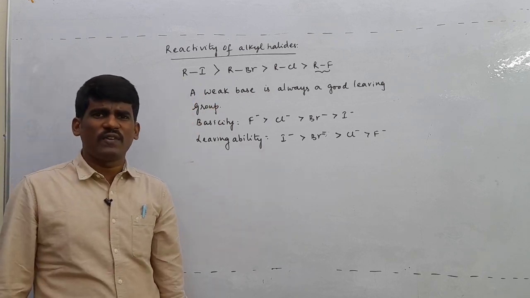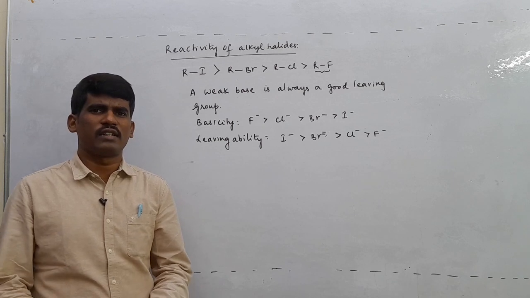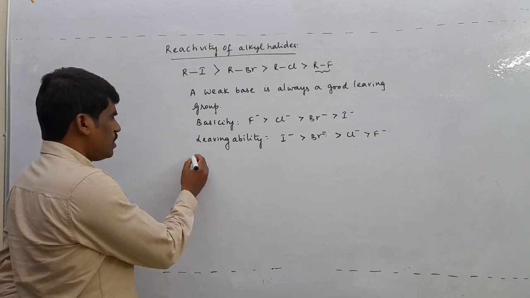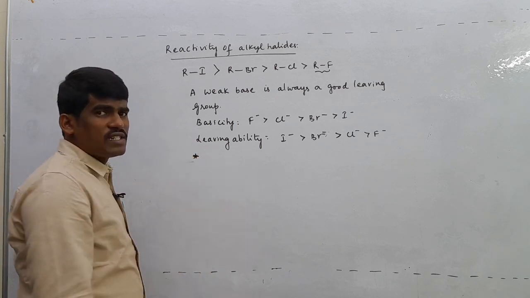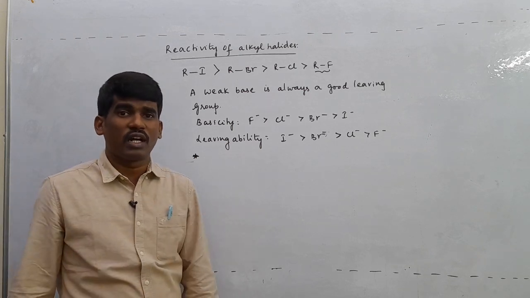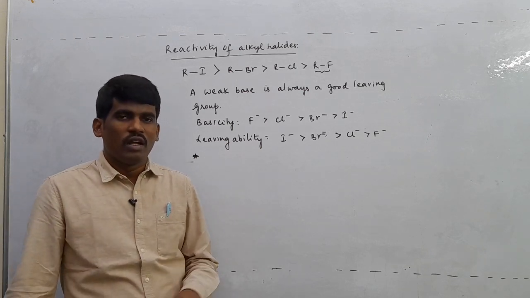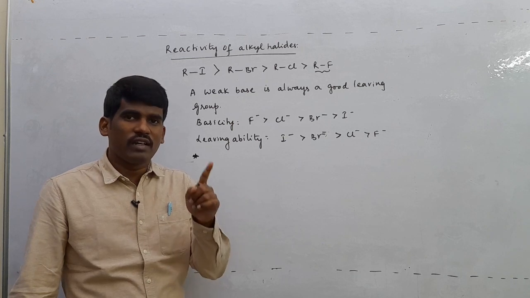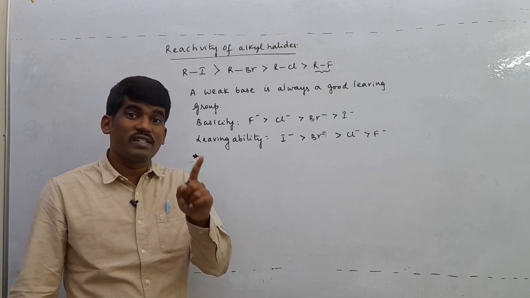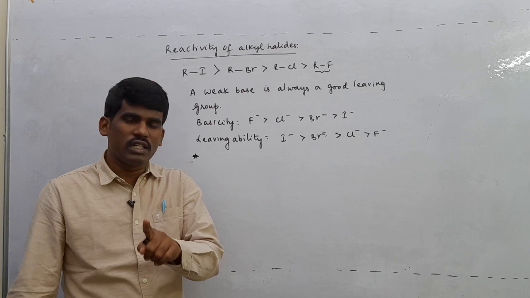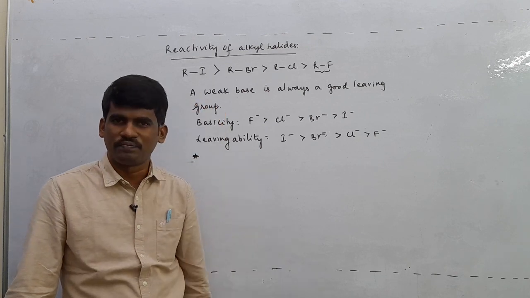But there are different types of alkyl halides. Primary is there, secondary is there, tertiary is there. So here the SN1 mechanism proceeds through the formation of a carbocation intermediate. Whichever alkyl halide is going to form a stable carbocation intermediate is going to be the most reactive one. Right?